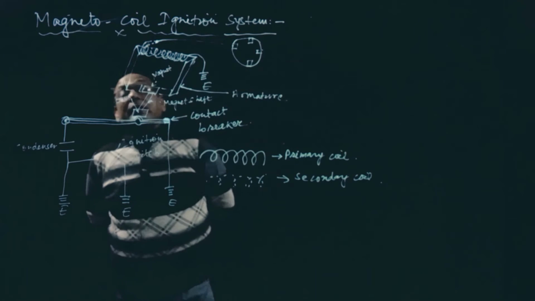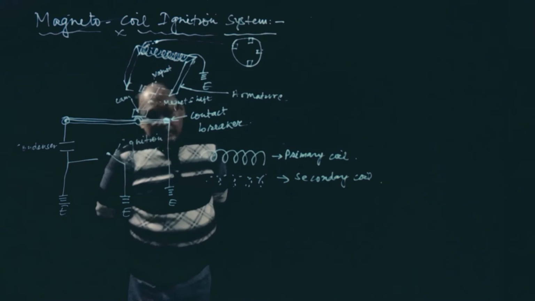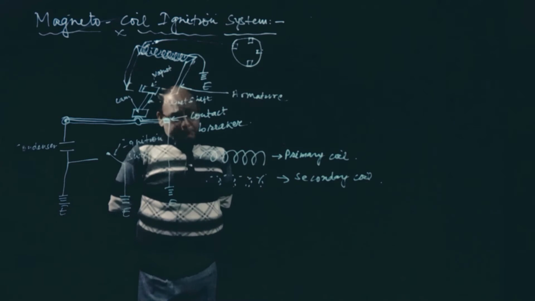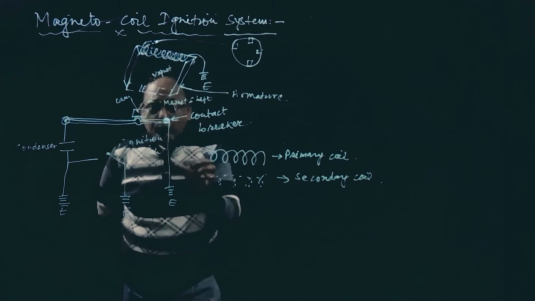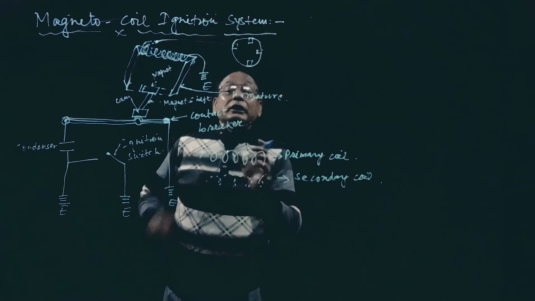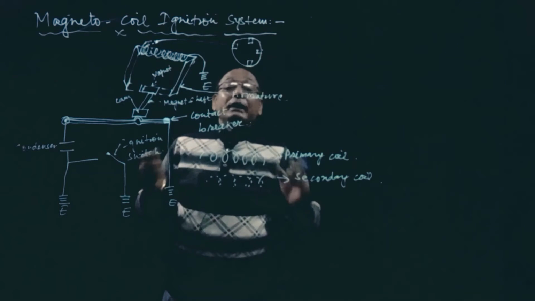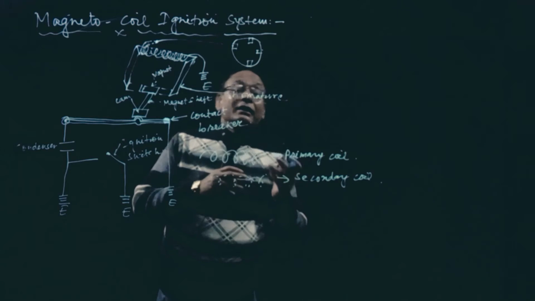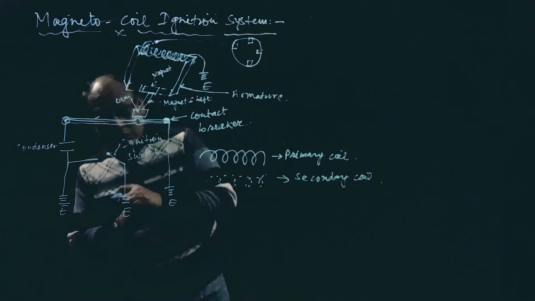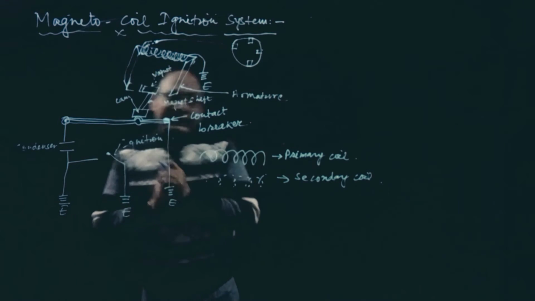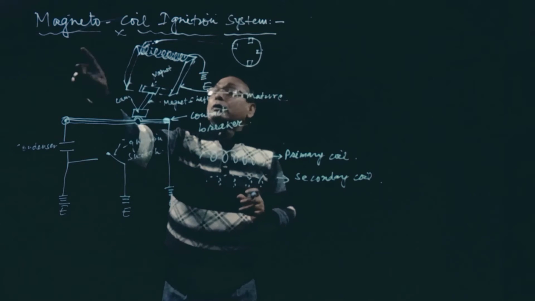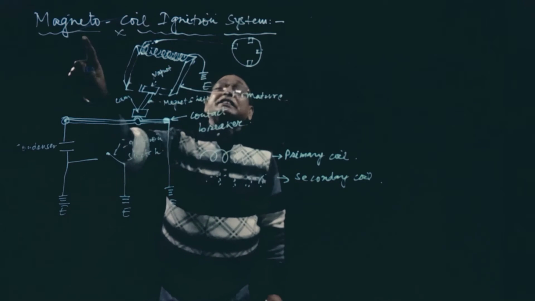Another problem was that when the speed was low in the battery coil, the spark produced was very high, and when the speed was very high, the spark produced was very low. That problem is also overcome in this magneto coil ignition system.